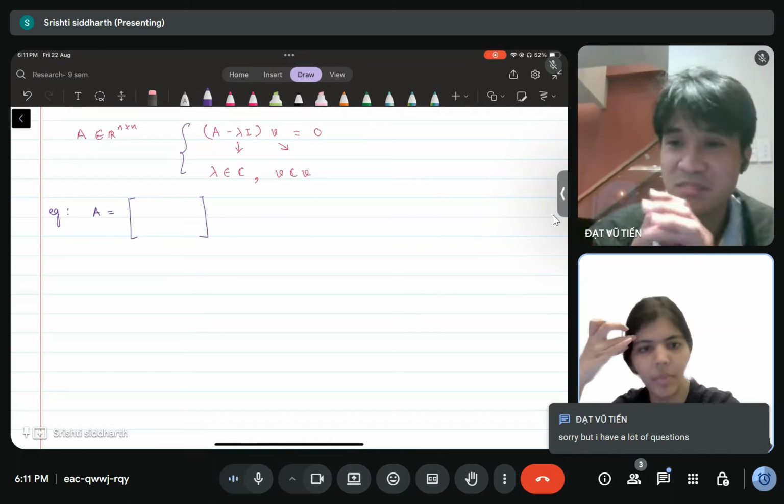Now we just have two equations to solve, right? First one is i v1 minus v2 equals 0, and the second is minus i v2 equals 0.